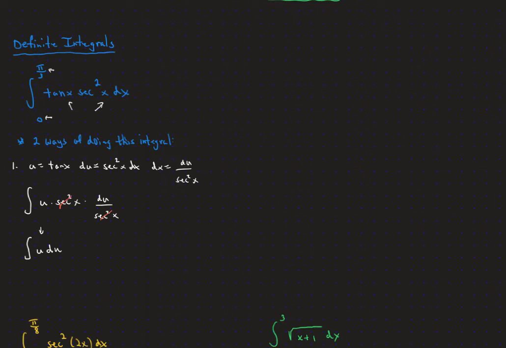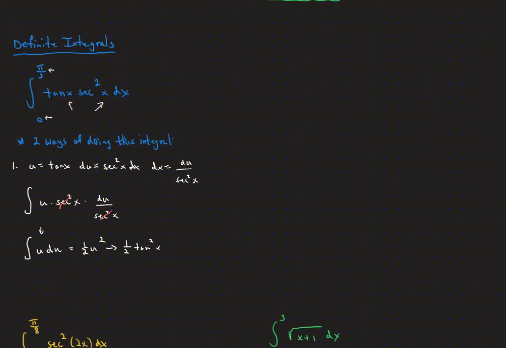So in this case, what I'm going to do is go ahead and do the antiderivative first. So using our power rule, we're going to add 1 to the exponent, multiply by the reciprocal. Then we're going to go back to the x's. So that's going to be 1/2. u was our tangent. That's going to be squared.